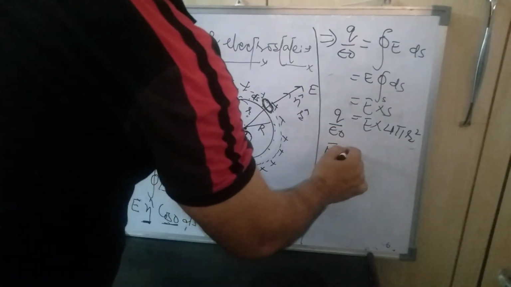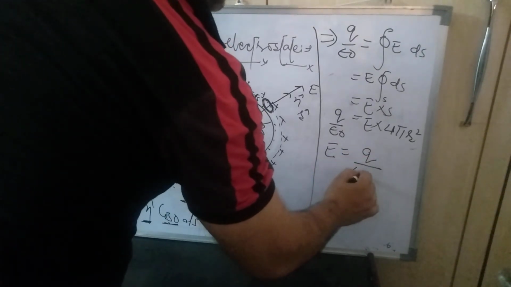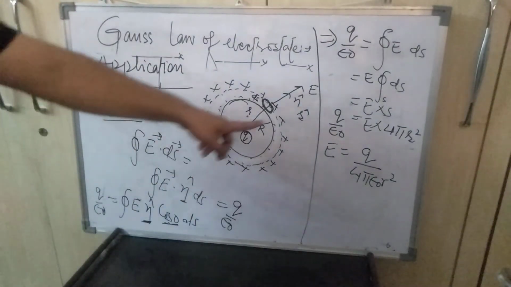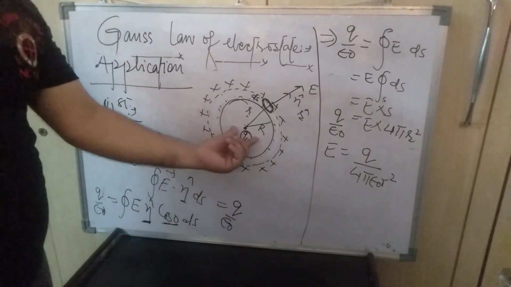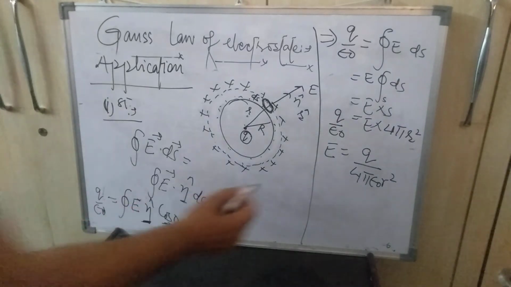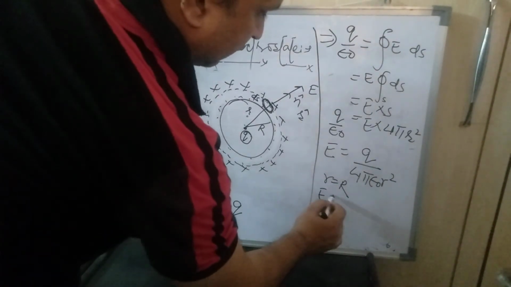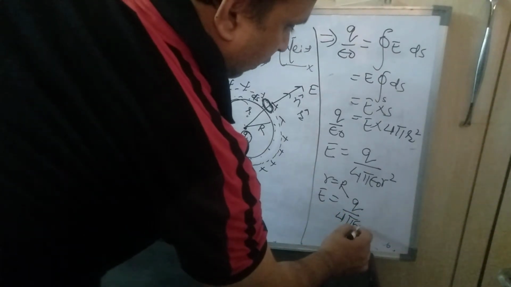That is, E becomes equal to q upon 4 pi epsilon naught r square. That will be the electric field at the outer region of the spherical shell. Now, we can also consider if small r becomes equal to capital R, then E becomes equal to q upon 4 pi epsilon naught r square.